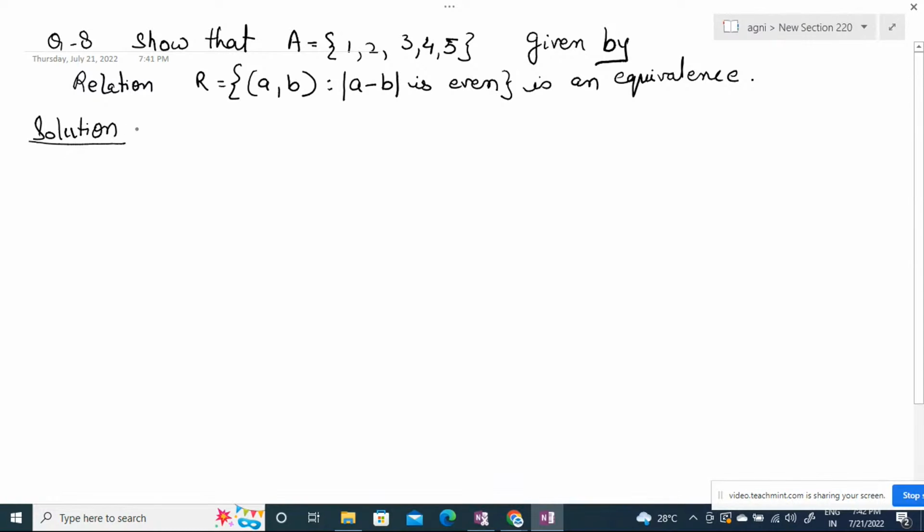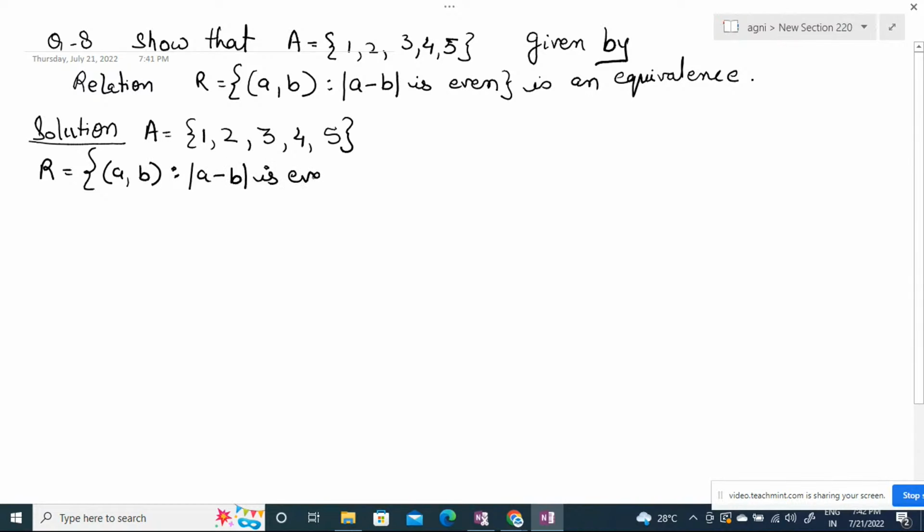Now set A is equal to 1, 2, 3, 4 and 5. Now R is given as: we have to make ordered pairs like this (A, B) such that mod of A minus B is even.